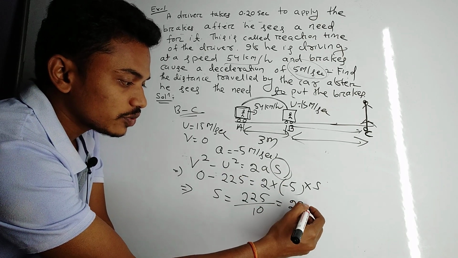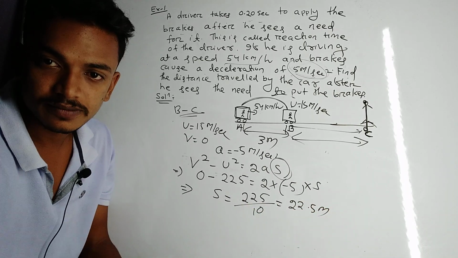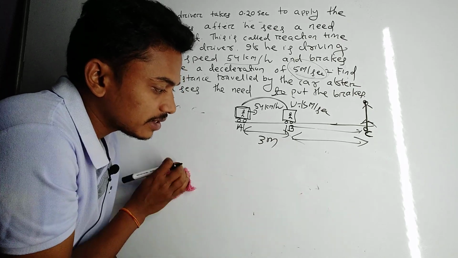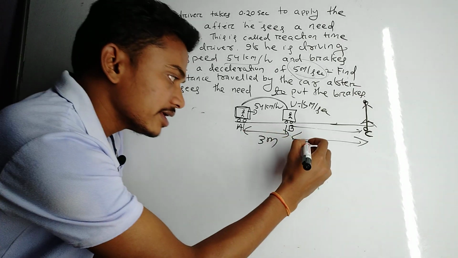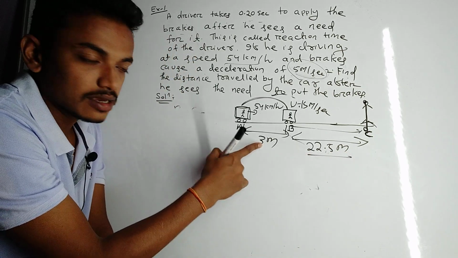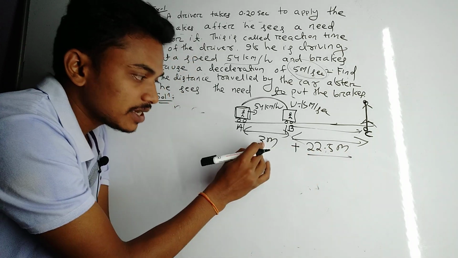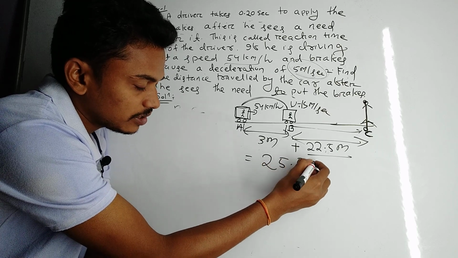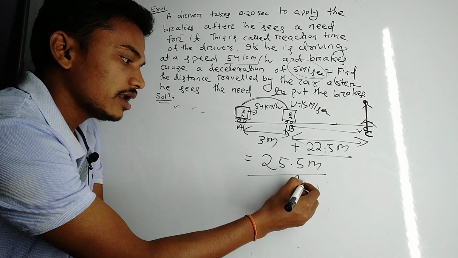So s equals 22.5 meter. The distance traveled by the car is 22.5 meter plus 3, which equals 25.5 meter. And this is the answer.